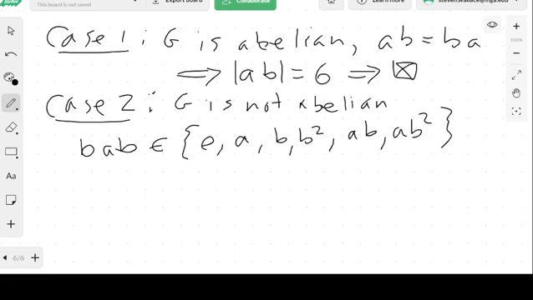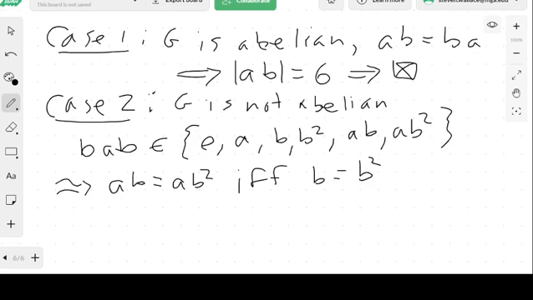Notice that AB is equal to AB squared if and only if B is equal to B squared. That's by cancellation. We also can't have AB squared equal to A, because then B squared would be the identity.